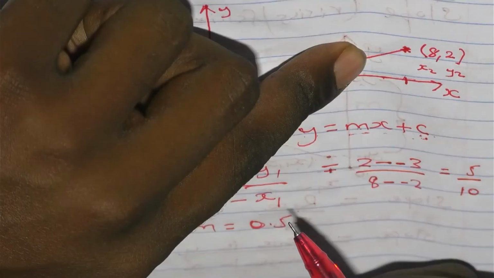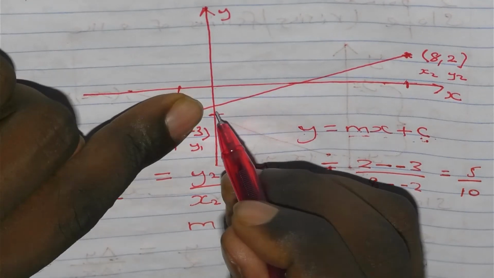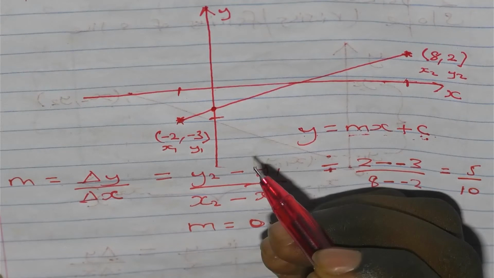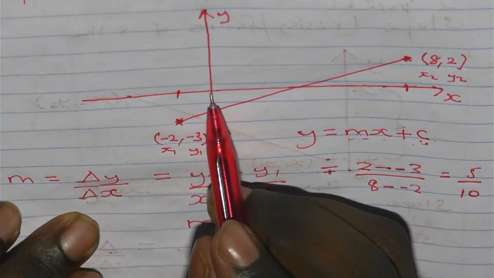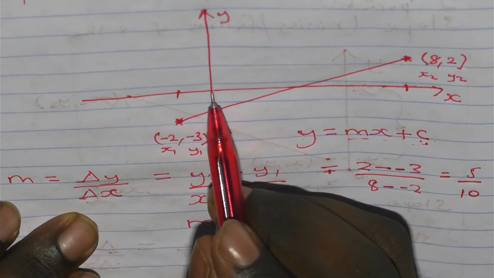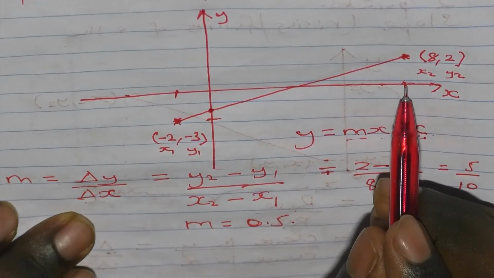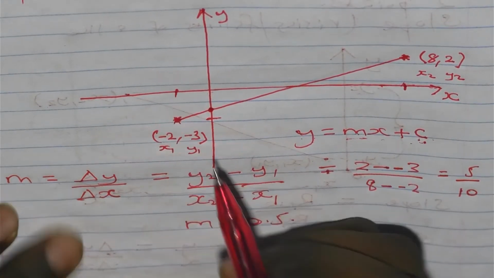So even here, wherever the line is intercepting the y, it has 2 coordinates, okay? One of the coordinates is definitely easy to know because we are looking at this x. Here x was 8. Here x was negative 2.